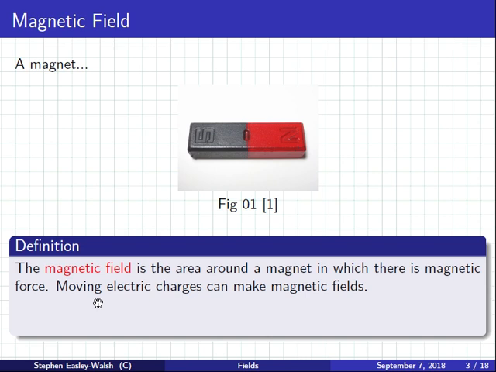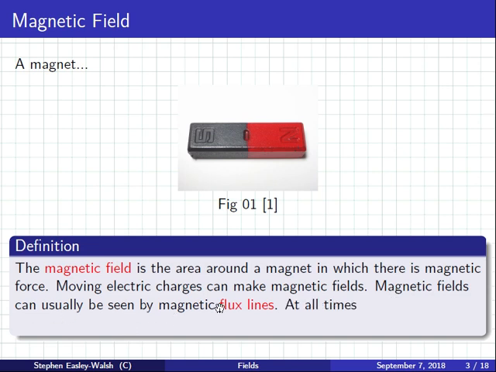I don't think you need necessarily the next sentence, but you do definitely need the third sentence, which is magnetic fields can usually be seen by magnetic flux lines. Don't bother with the second sentence. It's just a bit of a link.